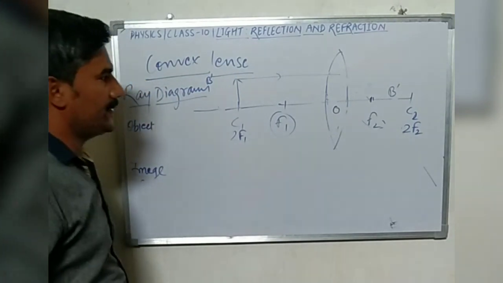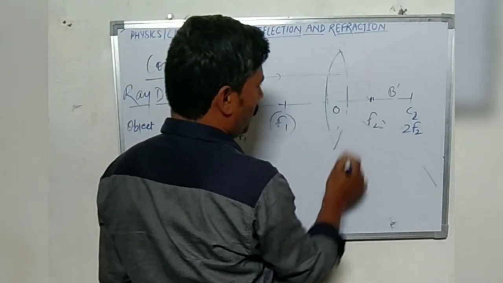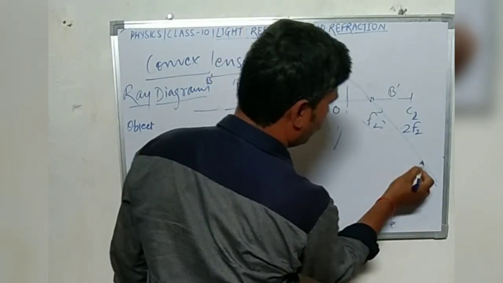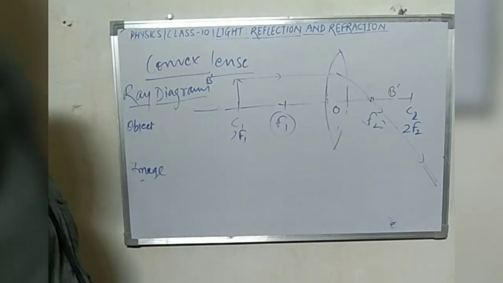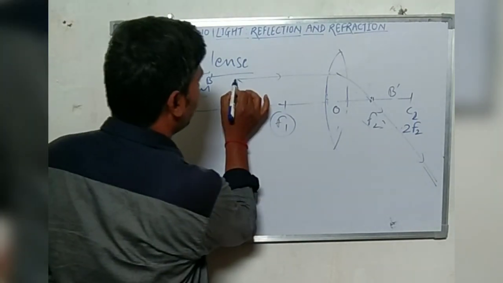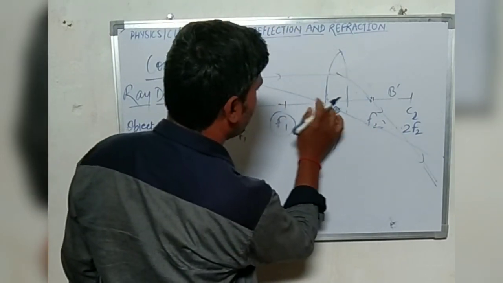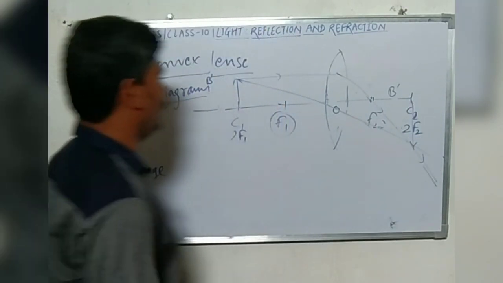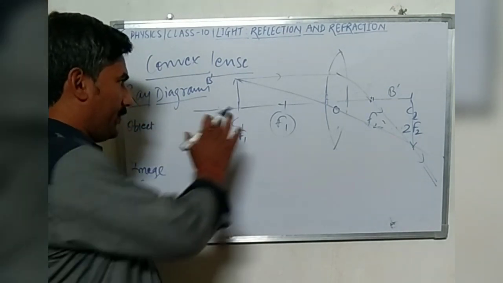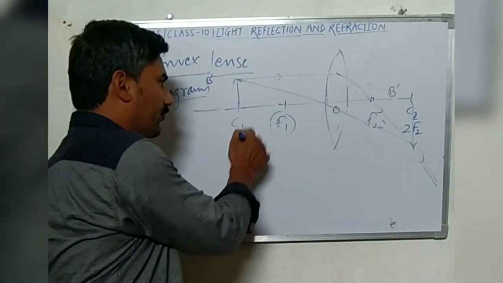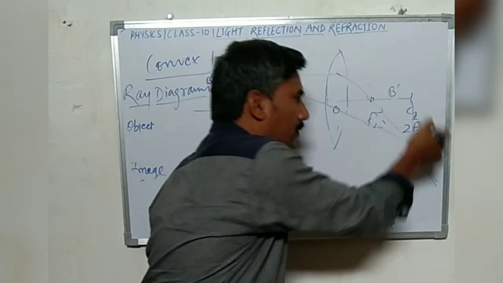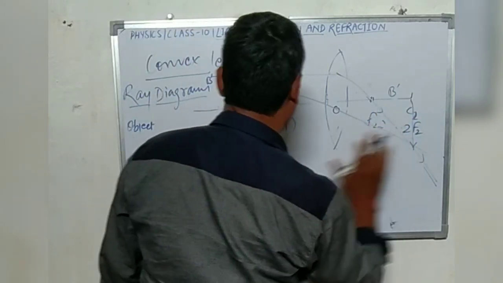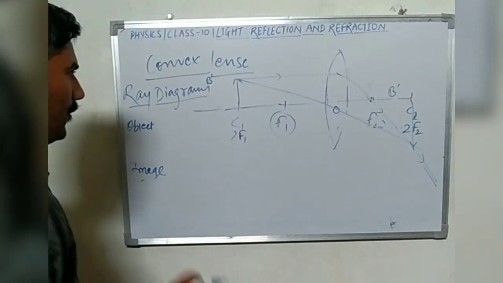Again, when the rays strike this convex or converging lens, they focus to the principal focus F2, and the ray that passes through the optical center intersects at point 2F2. It means when the object is placed at 2F1, the image is also formed at 2F2, and you can clearly see the size of the image is equal to the size of the object.